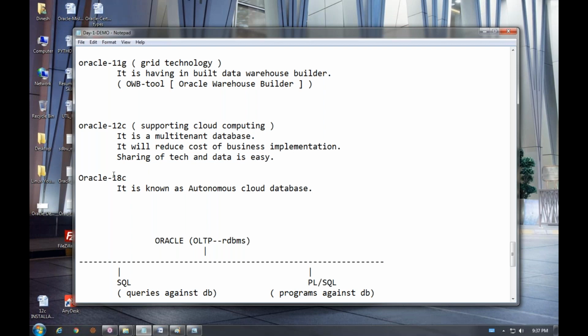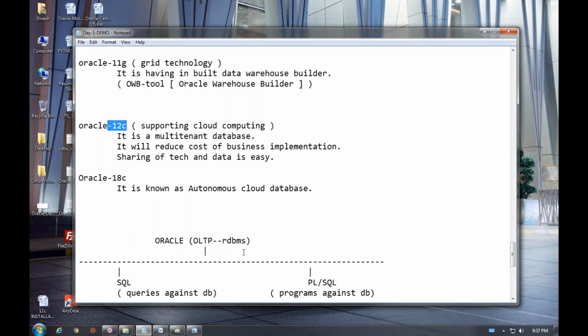So we have more responsibilities for the DBA. Don't worry about this database; we are working with Oracle 12c. Autonomous Cloud Database means individually you are maintaining the database for your business. You are not depending on any cloud service providers.